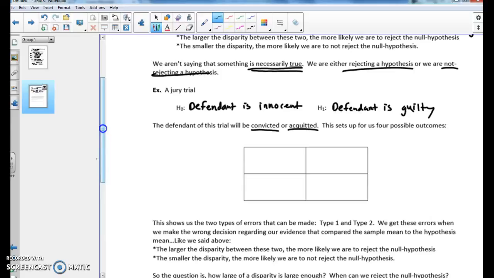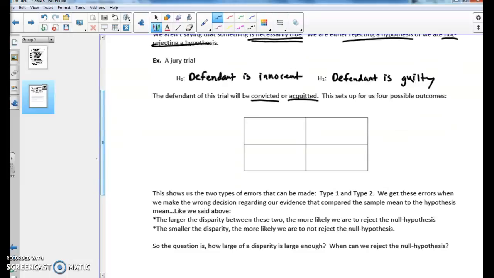This sets us up for 4 possible outcomes here in this little box. So across the top, your defendant is either innocent or he's guilty. He's only one of 2 things. In reality, he's either one of these 2, right? There's no other middle ground.